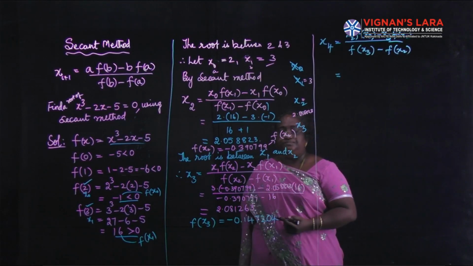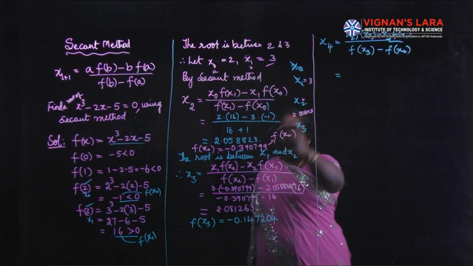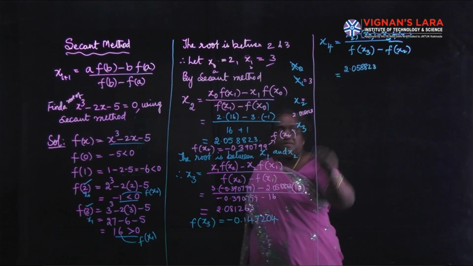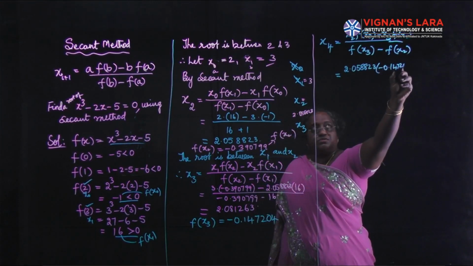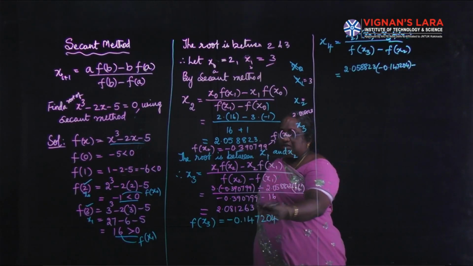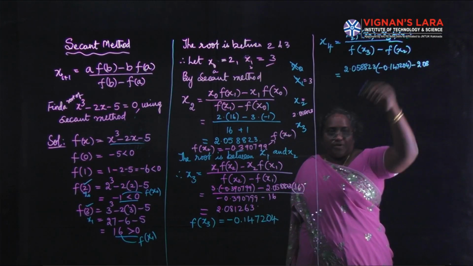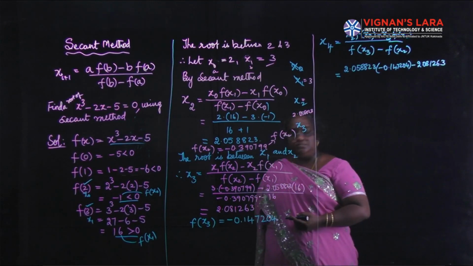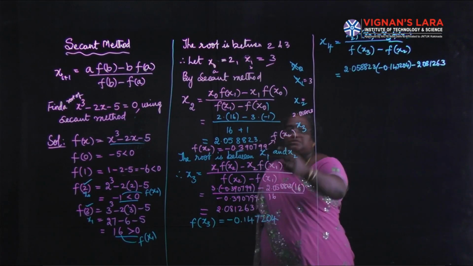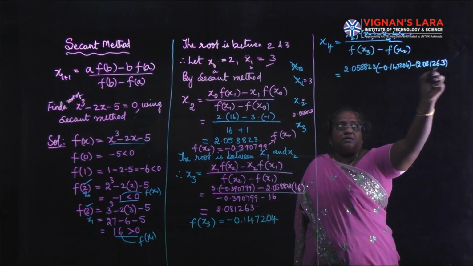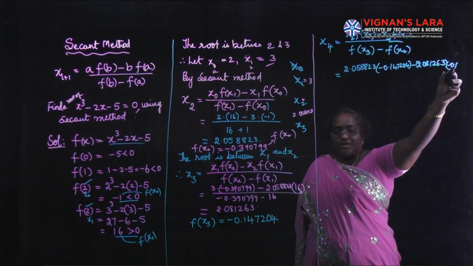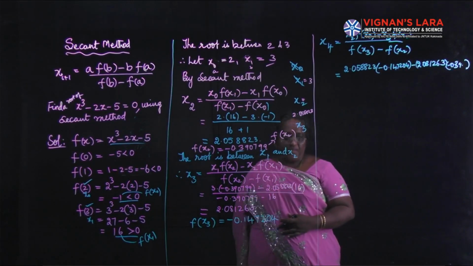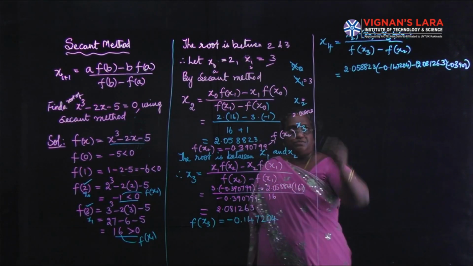So substituting the values: x2 is 2.058823. f of x3 is minus 0.147204, minus x3, x3 is 2.081263, into f of x2. f of x2 we already calculated it, we will substitute minus 0.390799.